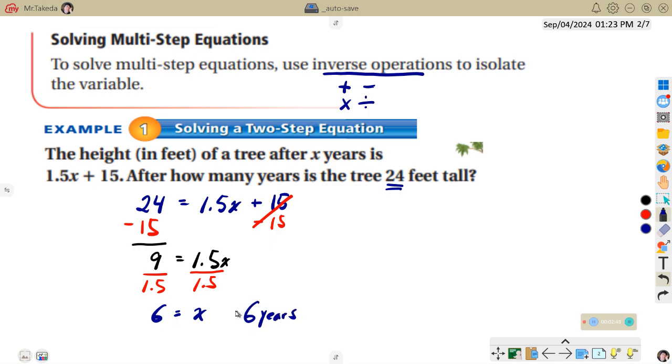Now I wanted to take just a moment here and demonstrate something else to you. I could have written this as 9 equals 3 halves x. Right? 1.5 is the same as 3 halves. And the way I get rid of this fraction, I'm going to divide by 3 halves, but that's the same thing as multiplying by 2/3, multiplying by the inverse.